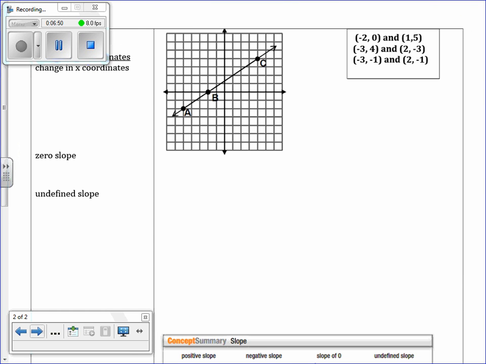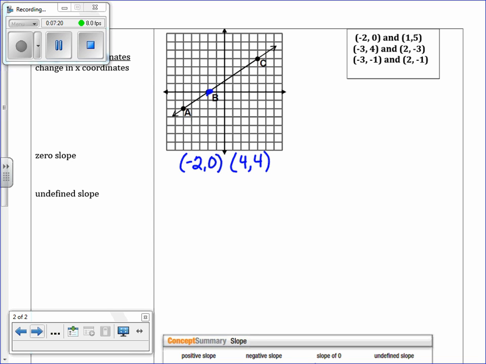We can also do this by determining the change in y-coordinates over the change in x-coordinates. So here I have point B, and that's going to be negative 2, 0. And here I have point C, which is 1, 2, 3, 4, 1, 2, 3, 4, which is 4, 4.